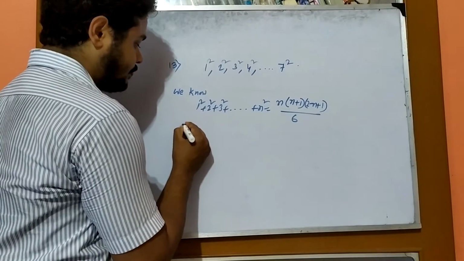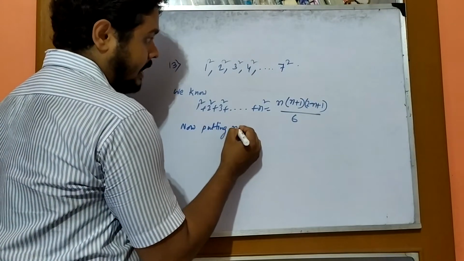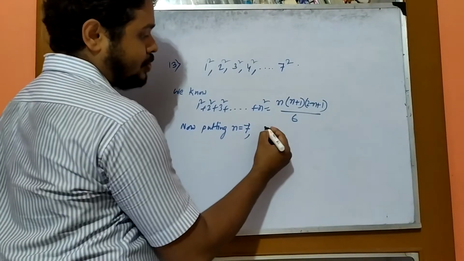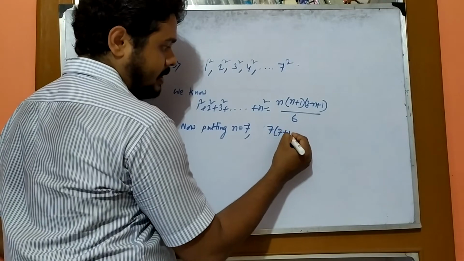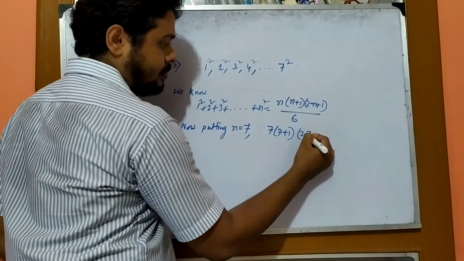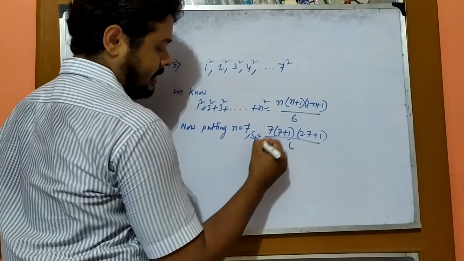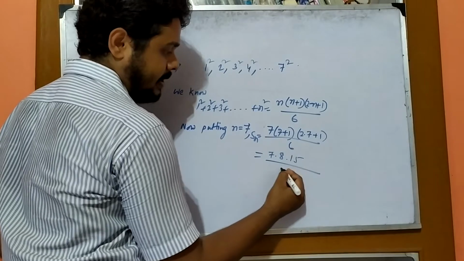Now putting n equals 7, we can write 7 into 7 plus 1 into 2 into 7 plus 1 by 6, that is Sn. So the summation is 7 into 8 into 15 by 6.